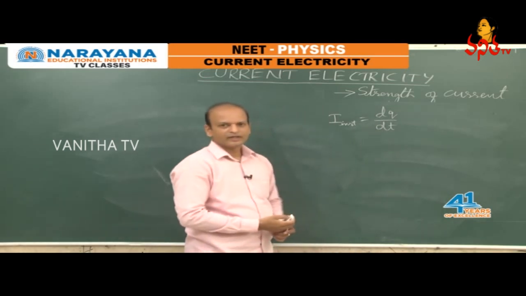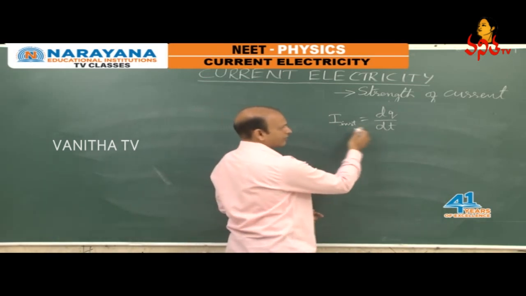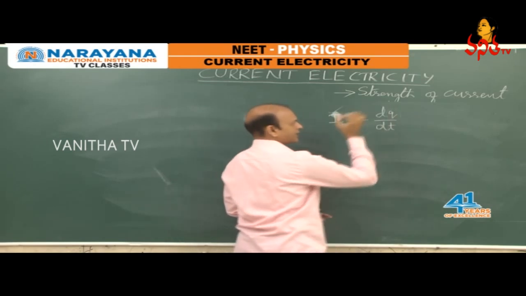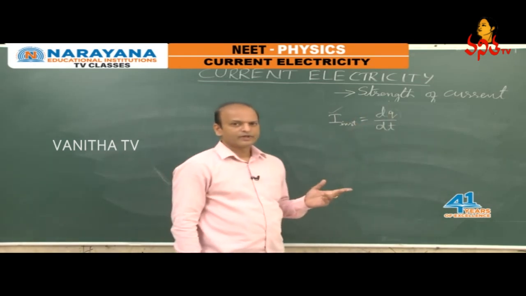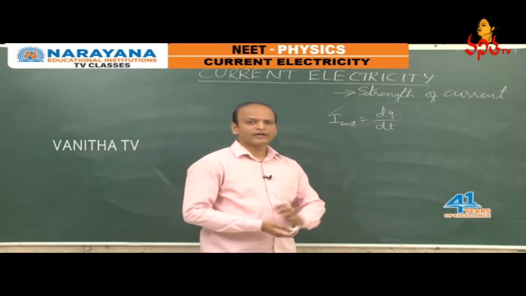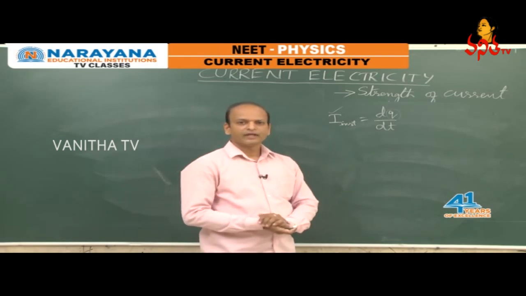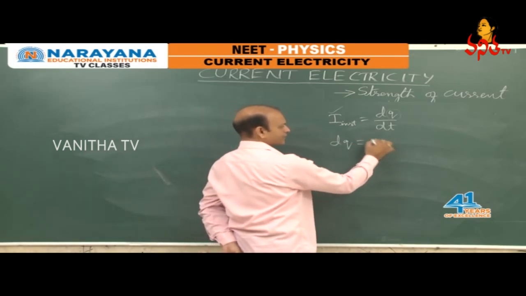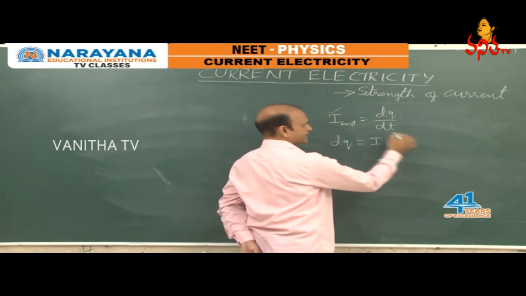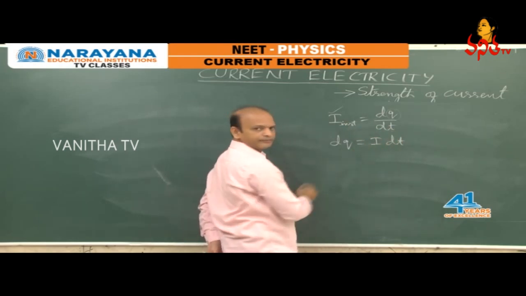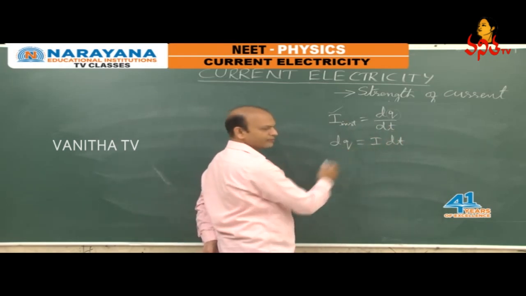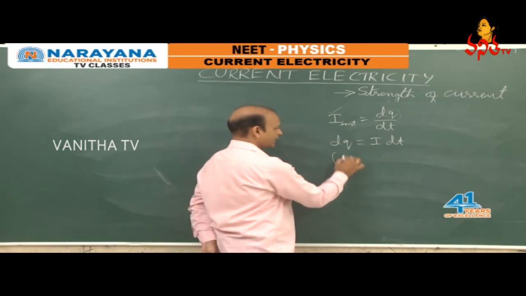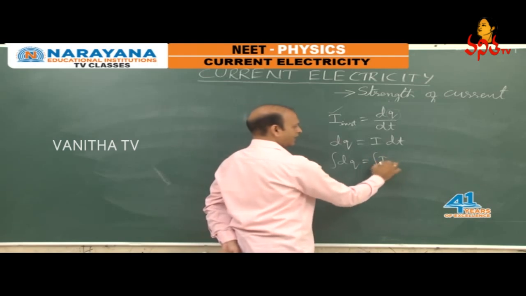If the current is given, to calculate the charge reversely, we have to find out how much charge is flowing. So dq equals I dt, the instantaneous I into dt. How do we get q from this? Integrating on both sides, integral dq equals integral I dt.